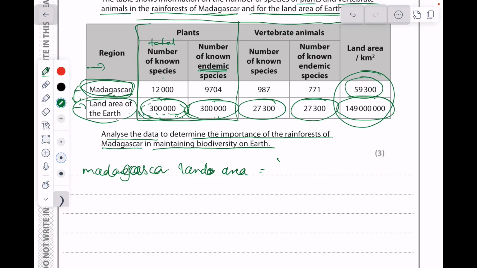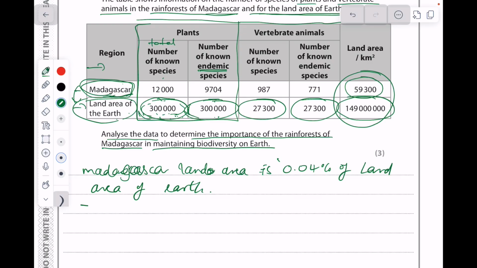So 59,300 divided by 149 is equal to, very small, 0.04%. Madagascar land area is 0.04% of land area of Earth. Okay, so it's very, very small in comparison in terms of area.